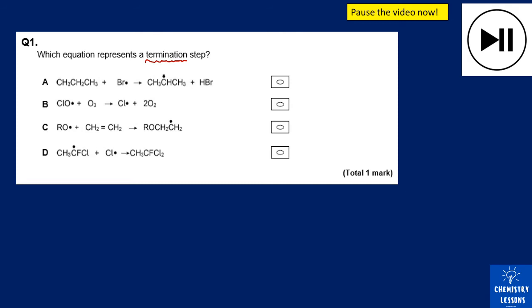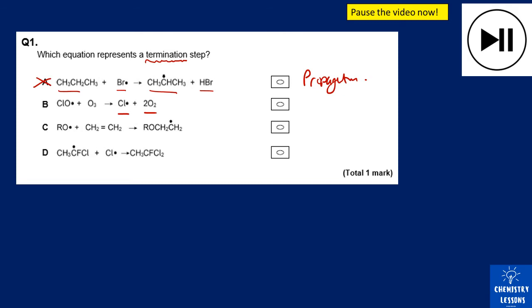Okay. Now, if I look at A, we've got a non-free radical with a free radical, producing a free radical and a non-free radical. So that could be a propagation step, and therefore not a termination step. So the answer is not A. B, likewise, that's showing a propagation step because we've got one free radical with a non-free radical producing a free radical and a non-free radical.